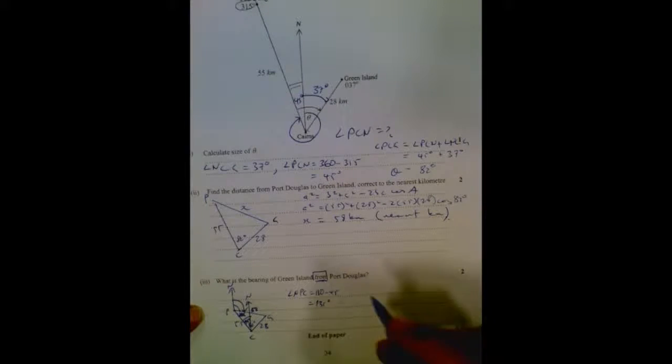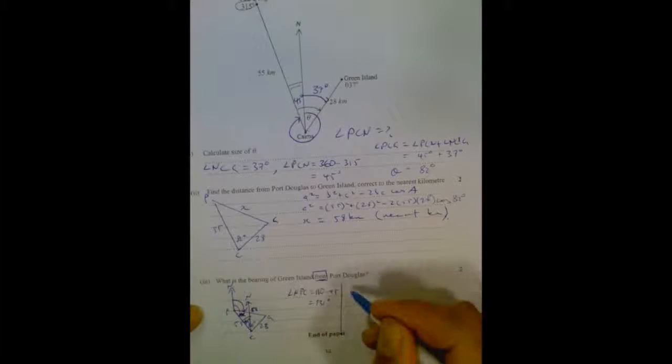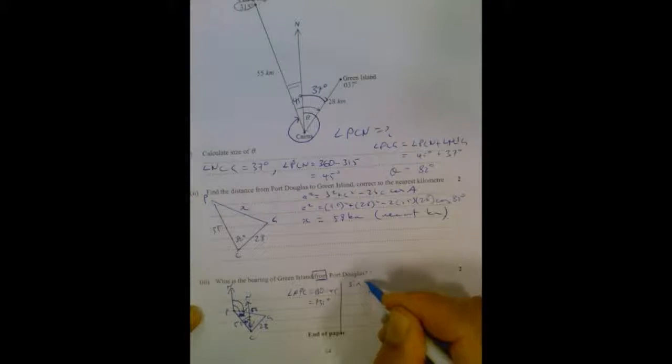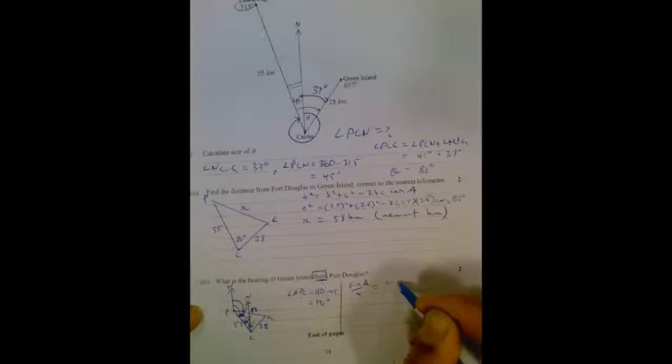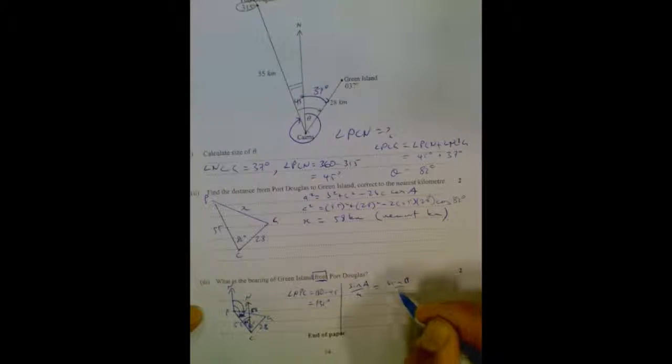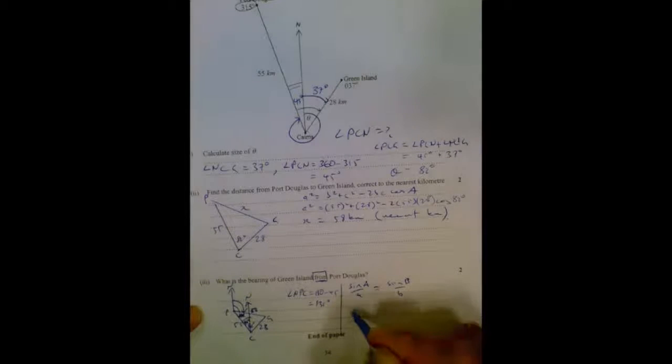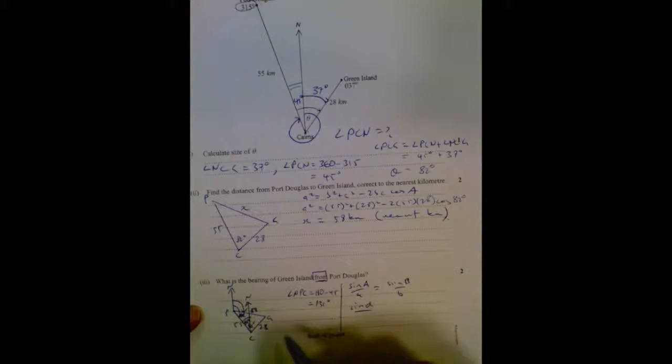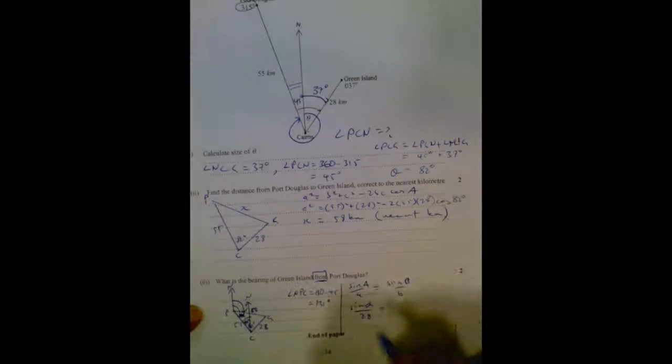So all you've got to do now is substitute it in. You're finding an angle, so it's sine A over a equals sine B over b. Therefore sine alpha over 28 equals sine 82 over 58.